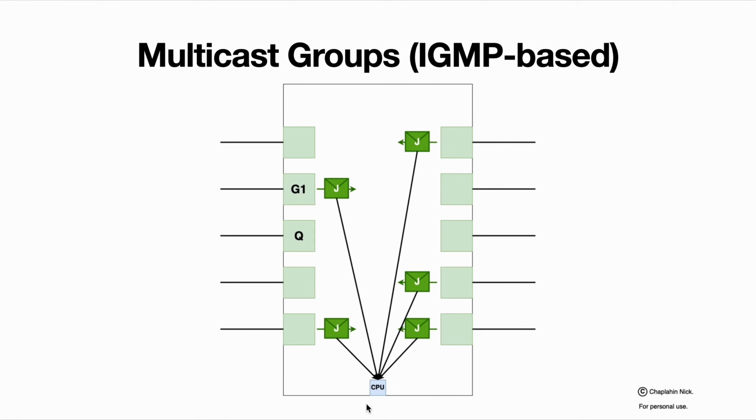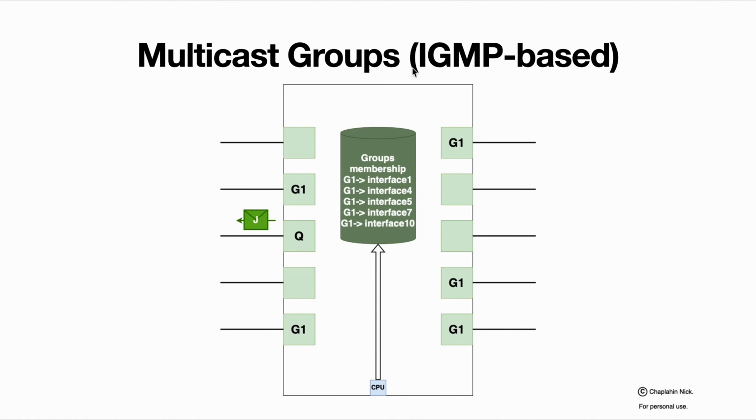It's being forwarded to the CPU. Our system remembers behind which interfaces those interested parties are and adds this information into the group membership. So group membership specifically says that behind interface 1, someone is interested in multicast traffic identified by group ID 1.